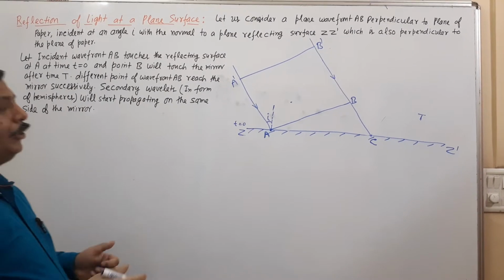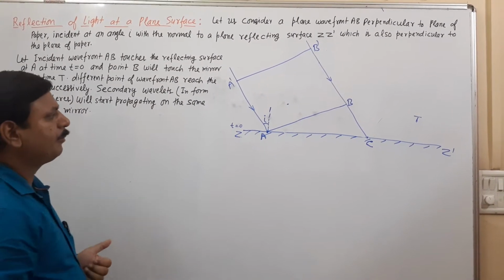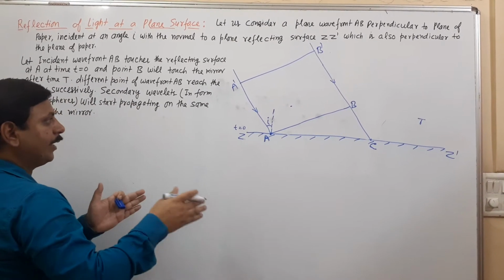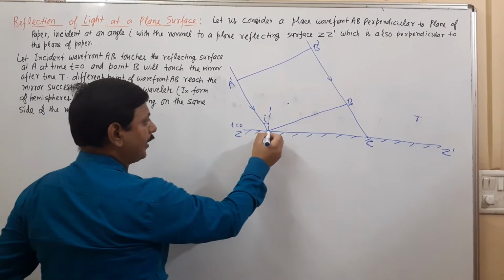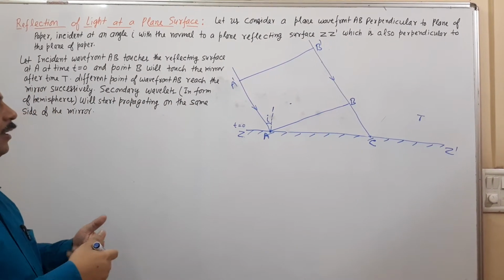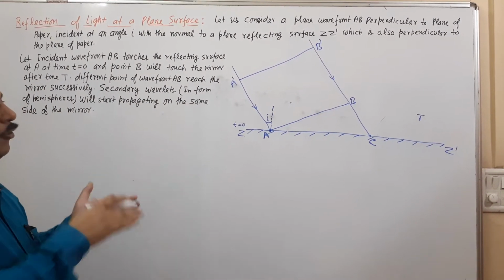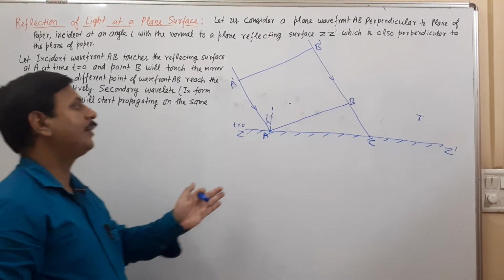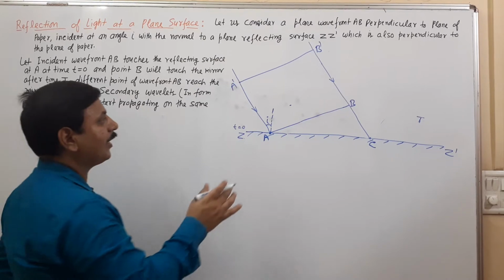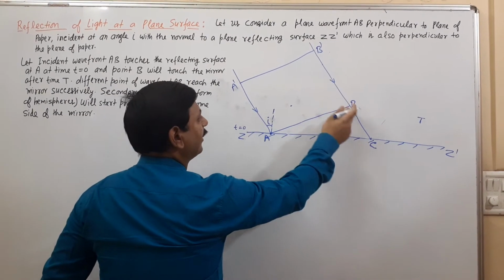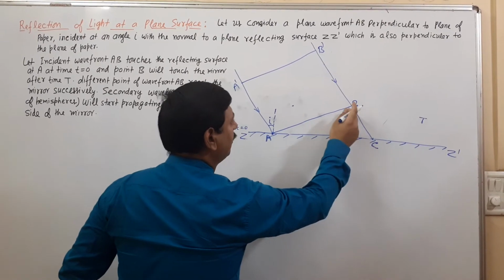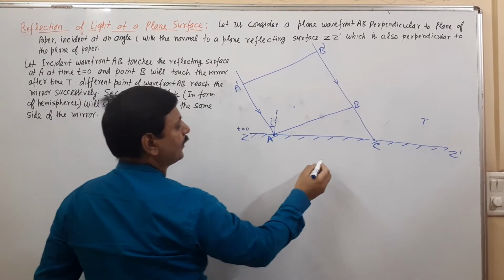For the new wavefront, by the Huygens principle, what do we have to do? We have to make hemispherical wavelets from here to here. And if we draw envelopes, those envelopes show the new wavefront. So see here, from B to C it will reach in time t. What will be the distance between B and C?